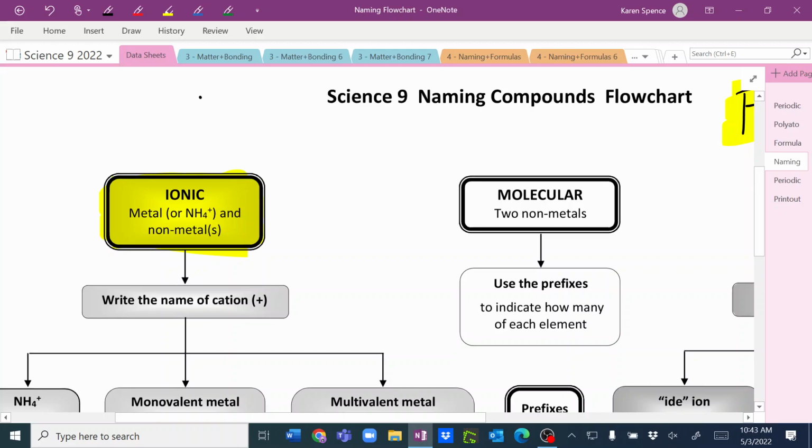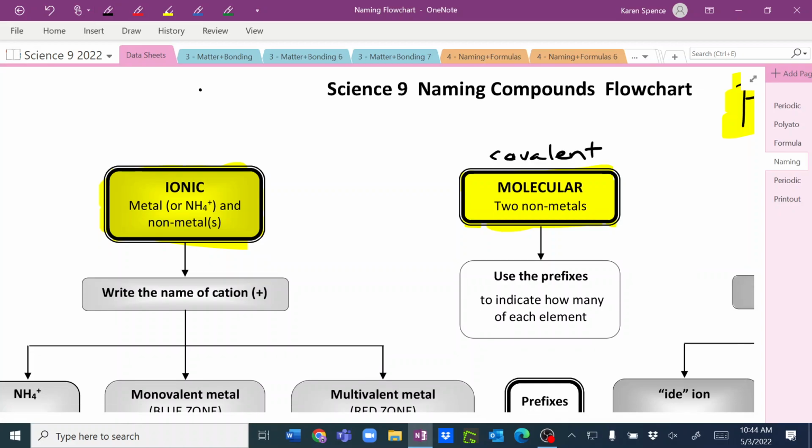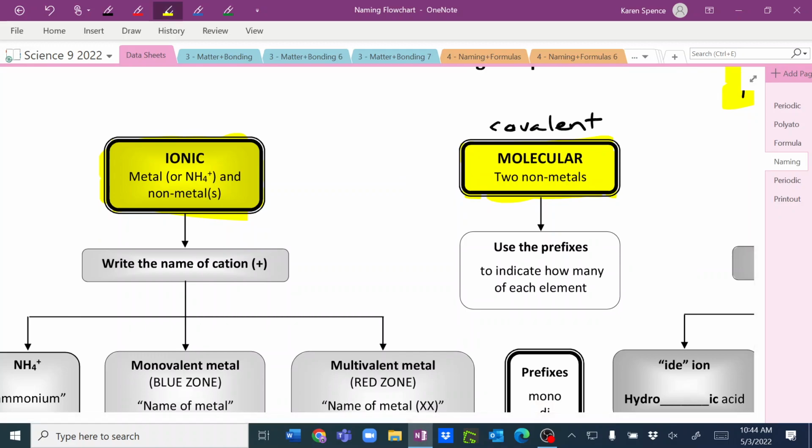Molecular is when you have two nonmetals, also known as covalent compounds. Did we know that already as well? Yes, we did. So the only thing that's different here is that if we have a covalent compound, in order to name them, we are going to use the prefixes.